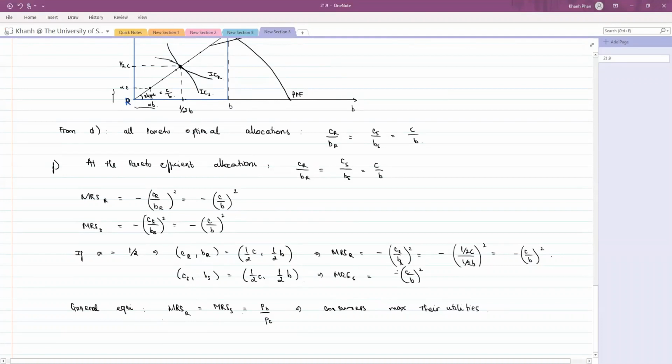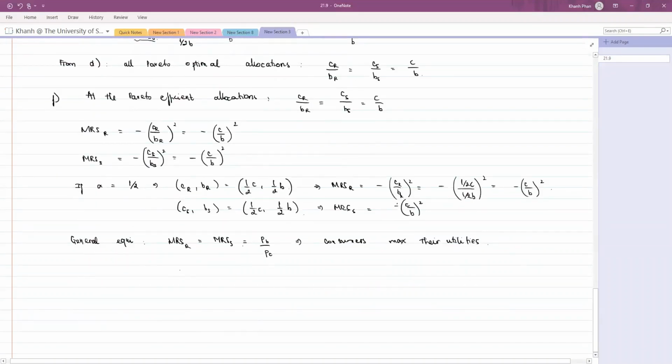And on the producer side, the firm will try to maximize its profit by producing such that the marginal rate of transformation is equal to the price ratio.